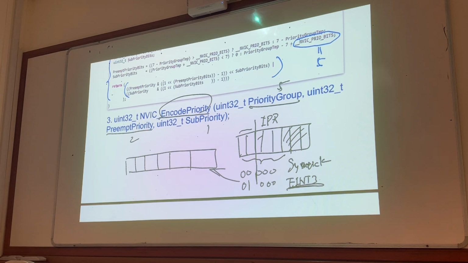I will put 5 here because I'm using group 5, 2 bits for preempt and 3 for sub. The preempt priority level I will put 1, because for EXTI3 my value is 1, and for sub priority I'll put 0. Then this function will output 01000 in the correct format for me, and I can later use it to put into my IPR. That's the function.